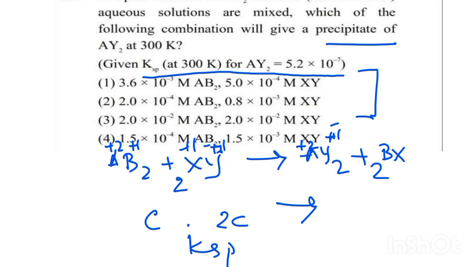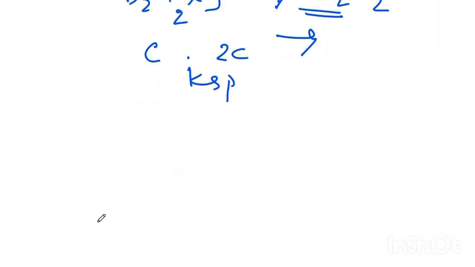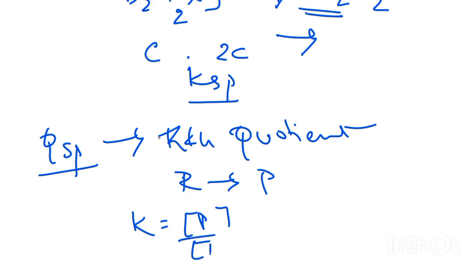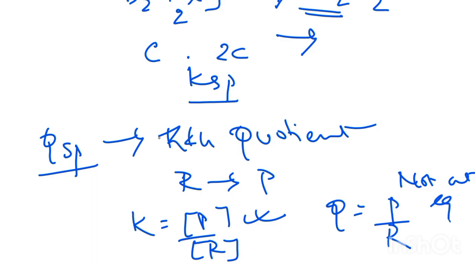When does precipitate form? For any reaction to give a precipitate, it must go in the forward direction. So we have learned about KSP, which is given here. We have learned about another term, QSP, that is the reaction quotient. If any reactant goes to product, K is the value at the equilibrium position when the concentrations of product and reactant do not change. In case of Q also, it is product by reactant, but it is not at equilibrium.